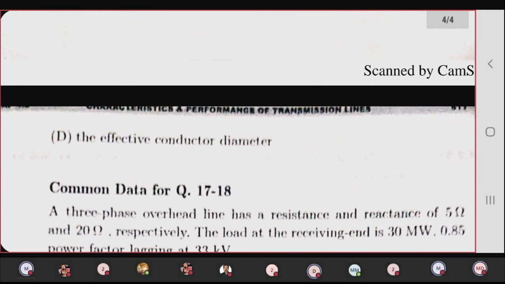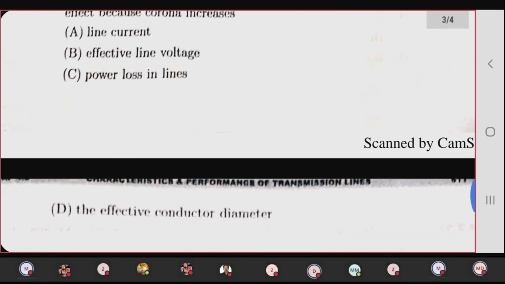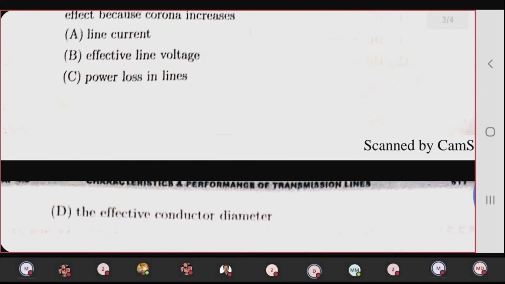Corona induces harmonic currents, which causes the charging current to increase. So obviously, power loss on lines is the main source of corona. So option C is correct. Power loss on lines, you may infer corona.